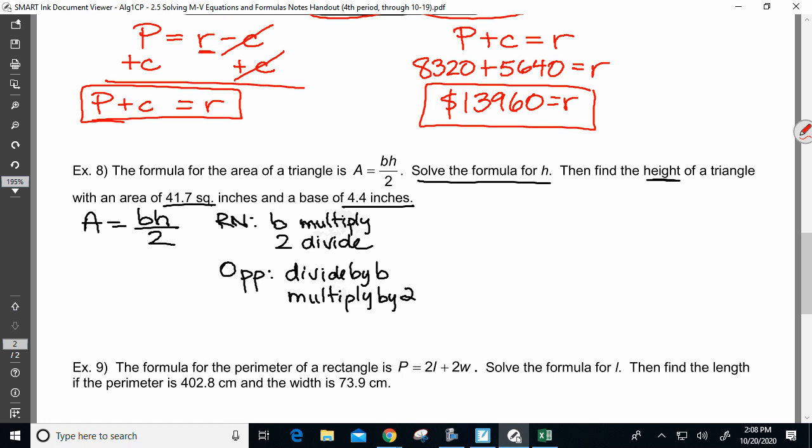All right. So, this is new. We have multiplying and dividing. Normally, we would have a multiplying and an adding, or a multiplying and a subtracting. So, when you have multiplying and dividing in an equation, start with the multiplying. So we're going to multiply 2 on both sides. Why? Because we want to get rid of the fraction.